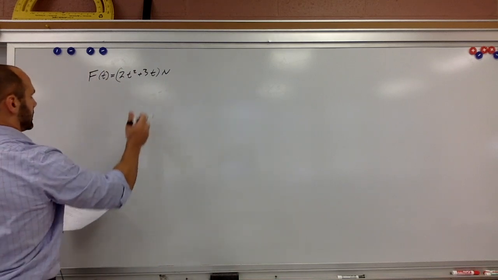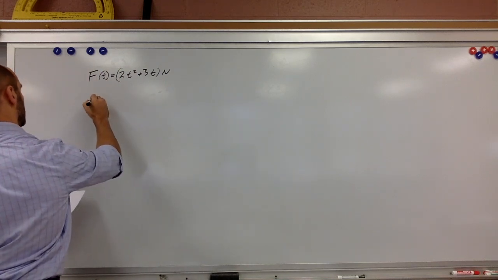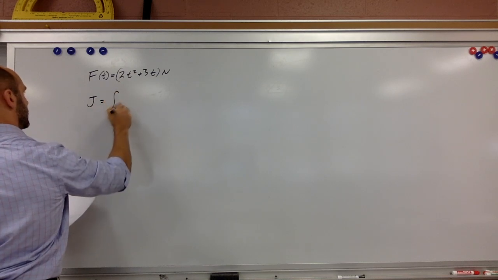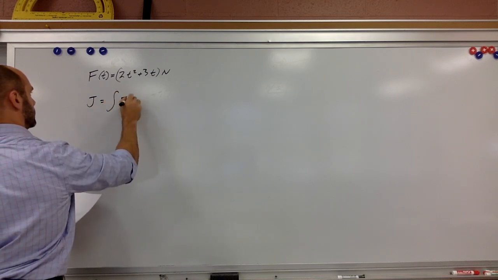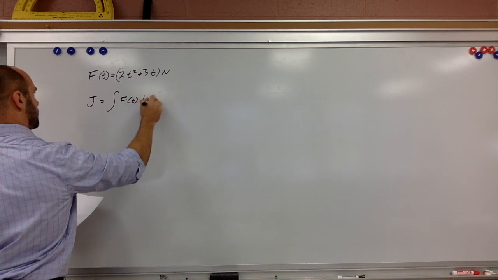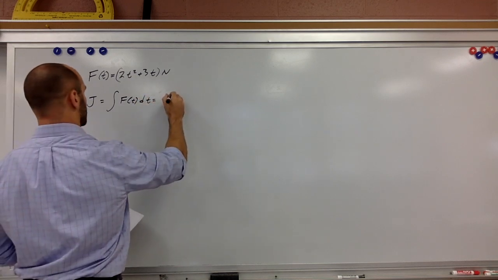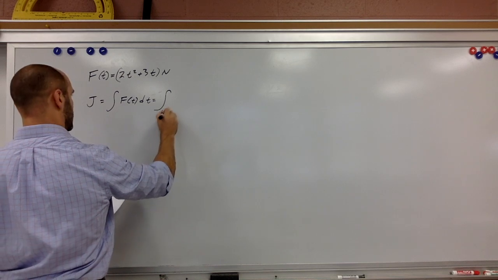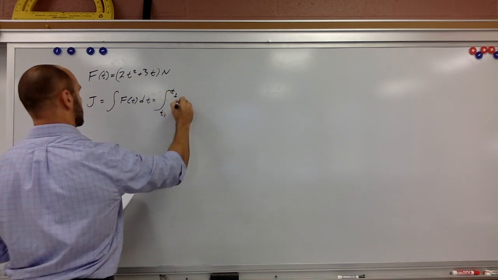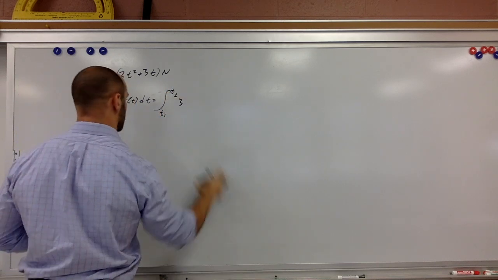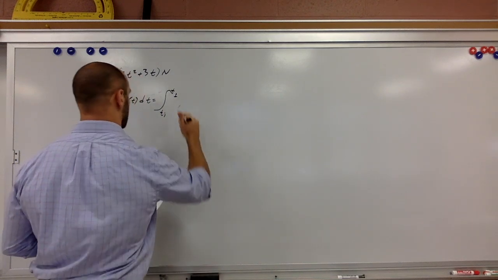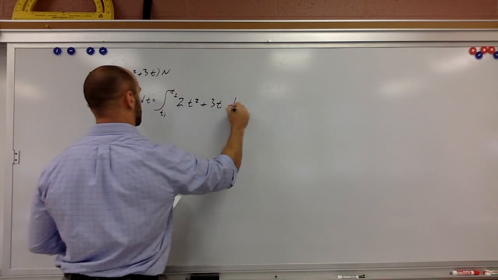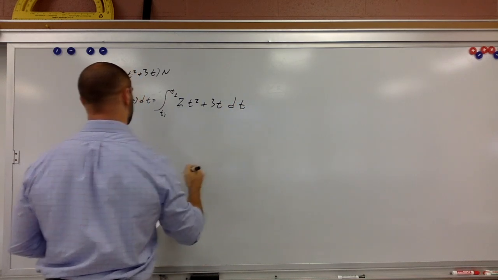And here we're using calculus. The impulse, as we saw before, is the time integral of the force function. So this is going to be from Ti to Tf of 2t squared plus 3t dt.